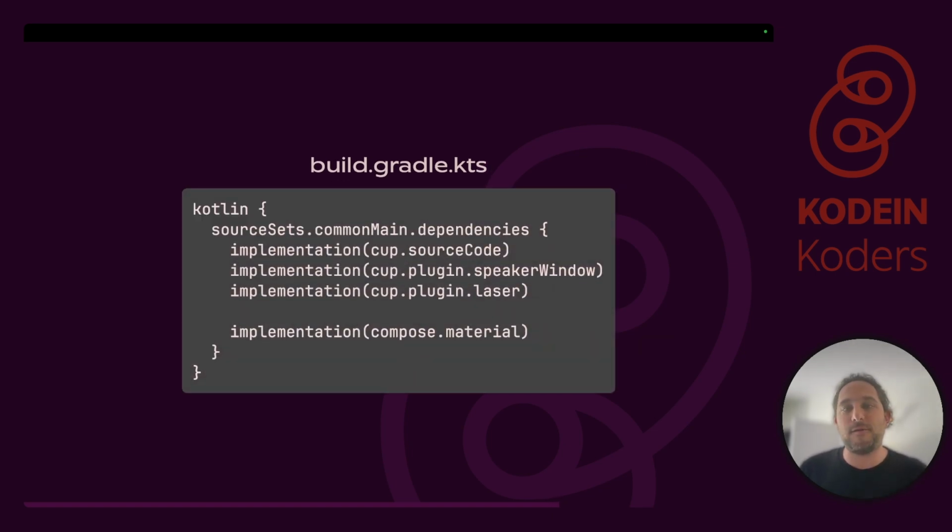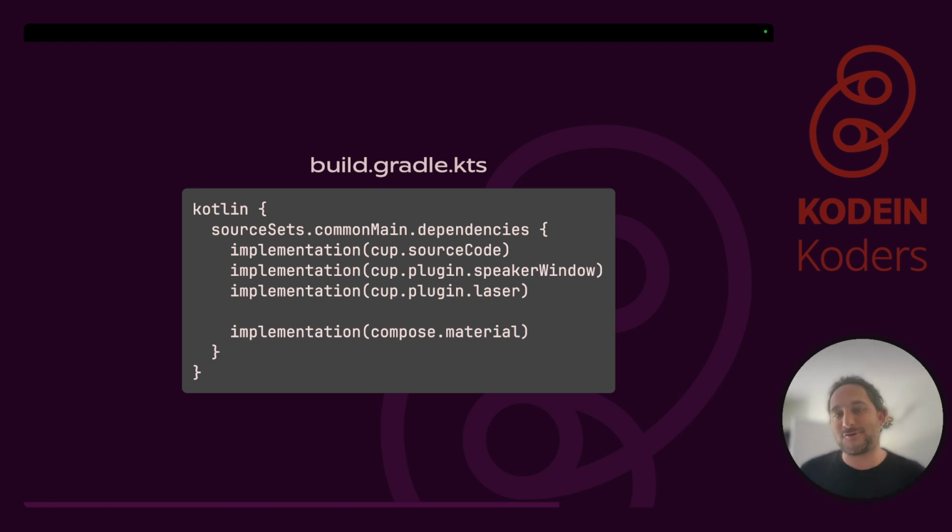And then finally, you need to add some dependencies. So by default, the Cap plugin adds the standard Compose dependencies. So it already adds the Compose runtime dependency and the Compose desktop dependency on the JVM, for example. But you still need to add some dependencies, namely those 3 dependencies.